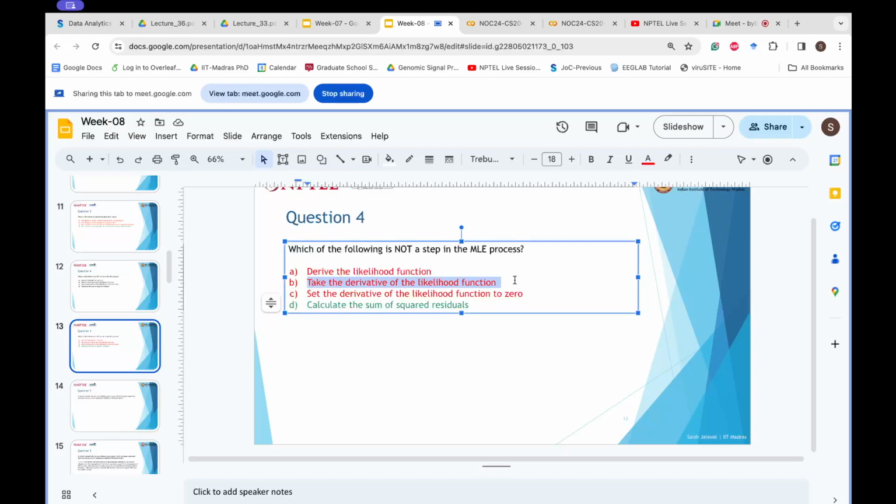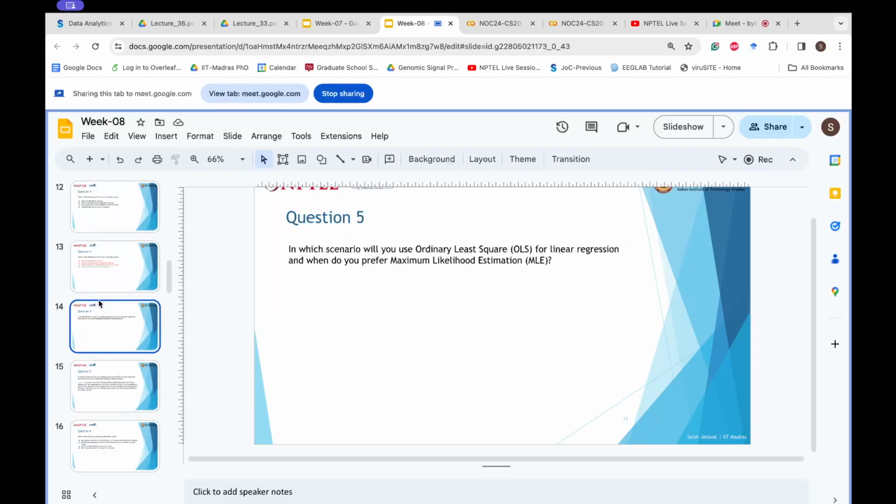In general, we take the derivative of the log of the likelihood function, which is known as log likelihood function, for the ease of differentiating it. And then we take the derivative with respect to each of the unknown parameters of the distribution. So we set the derivatives of the likelihood function to 0 and find the values of the unknown parameters. So the correct answer over here is calculate the sum of square residual. This step is not involved in the MLE process.